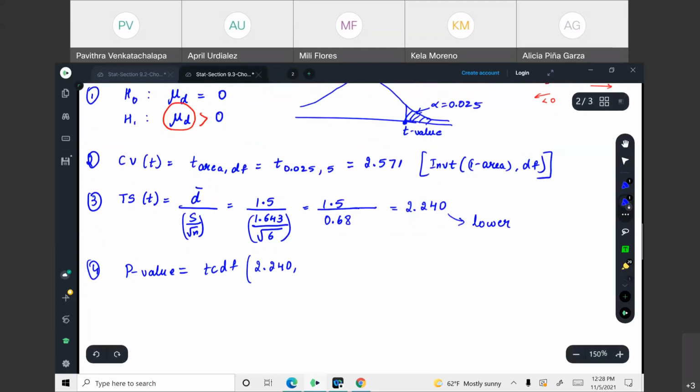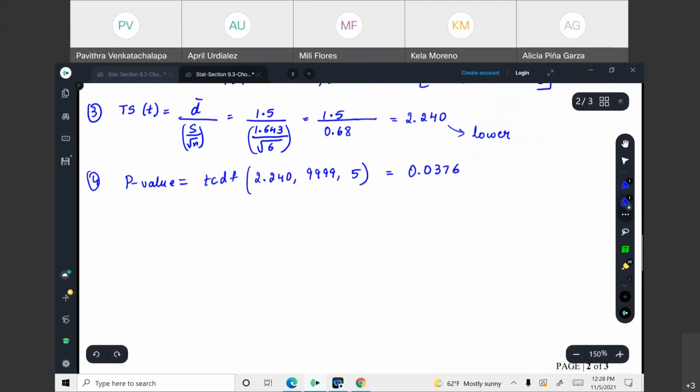And upper you do not know, so you just put it as 10,000 or 9999, some large number. And then your degree of freedom, that is going to be 5. So if you do this, how much do you get? Yes, 0.0376. Okay, so this is how you calculate p-value.